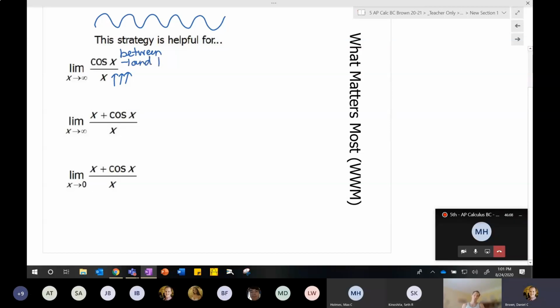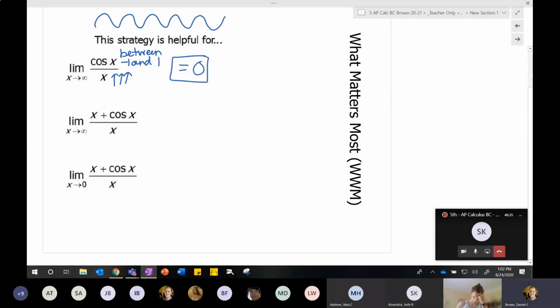Sometimes it's 0, sometimes it's √3/2, sometimes it's 1/2, but it's always between -1 and 1. So intuitively, if I have some number always between -1 and 1 divided by infinity, what is that limit going to be overall? 0. So we have a number divided by infinity and we get 0.